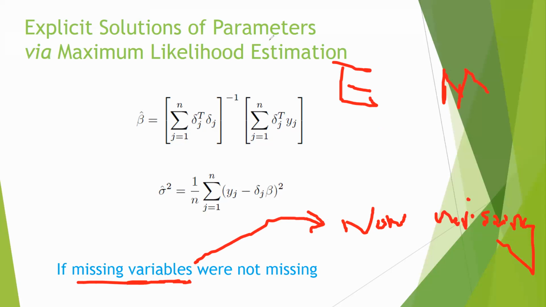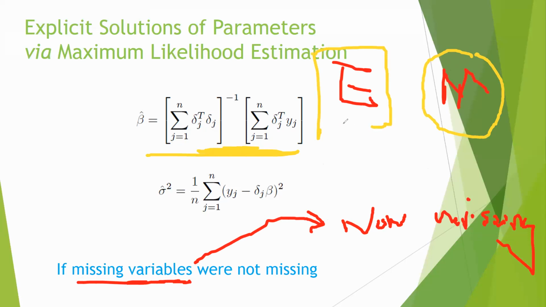Because in the M step, the maximum likelihood estimation step, we need the non-missing problem, right? So how do we do this? Before we implement the M step, which requires the non-missing data, we can do something in the E step, the expectation step.